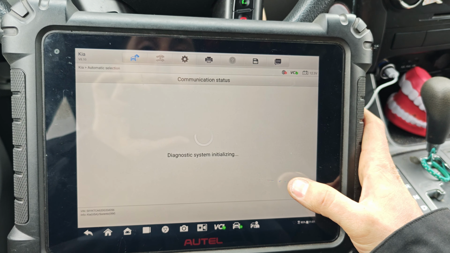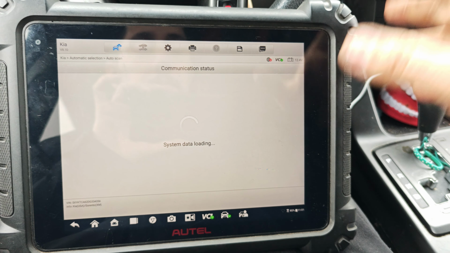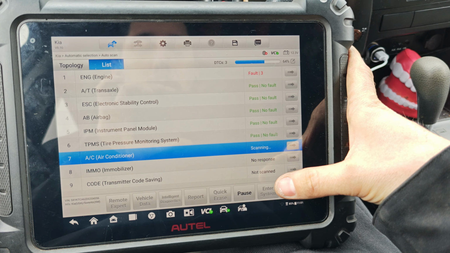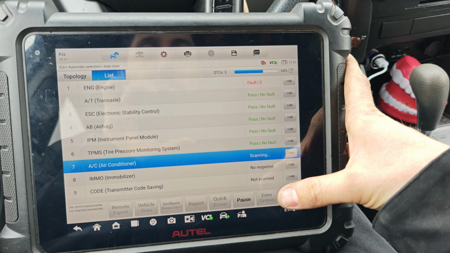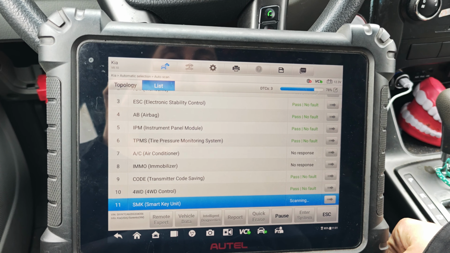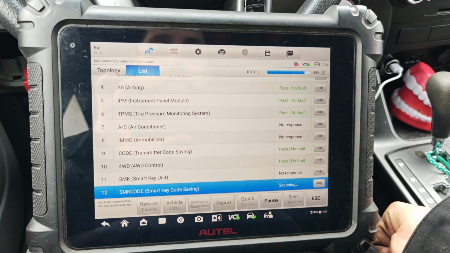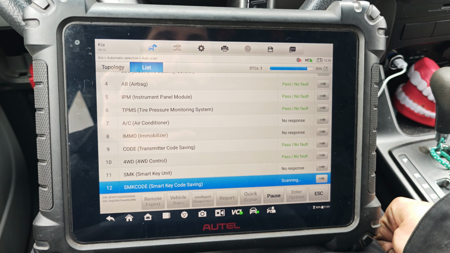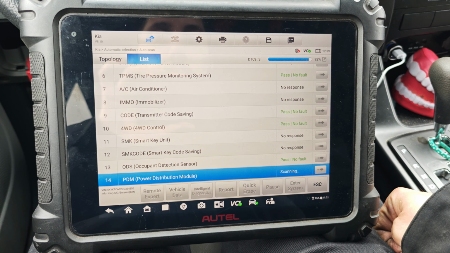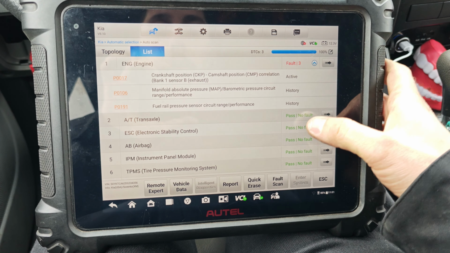So let's scan this for codes, see what codes we got. Okay, there we go.